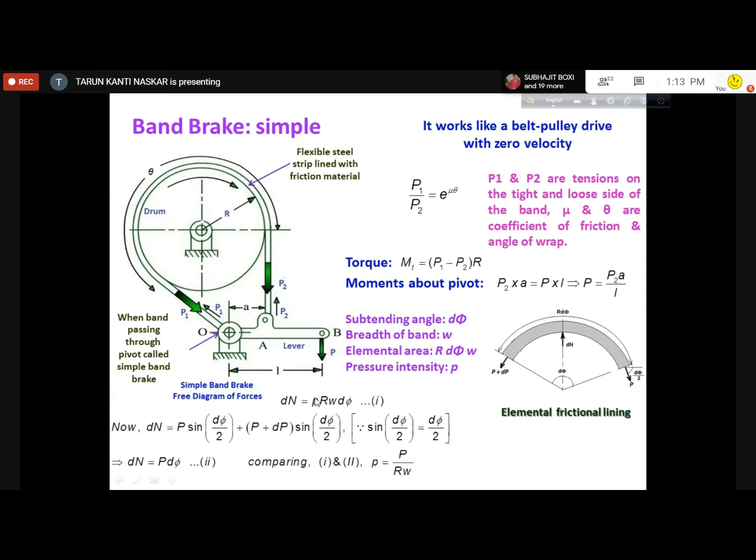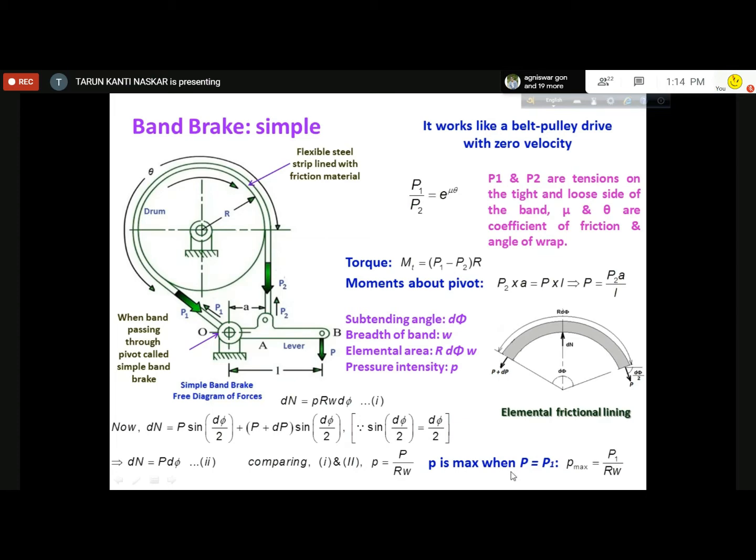Comparing equation 1 and equation 2, we get small p equal to p by RW. Now p will be maximum when this p equals p1, and p max equals p1 by RW. So these are the equations for the simple band brake.